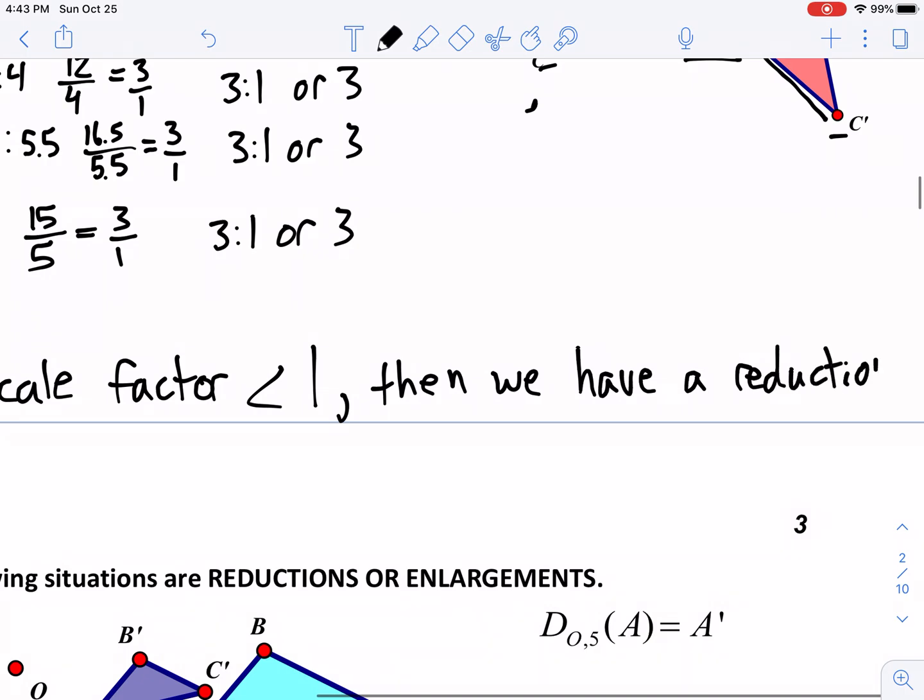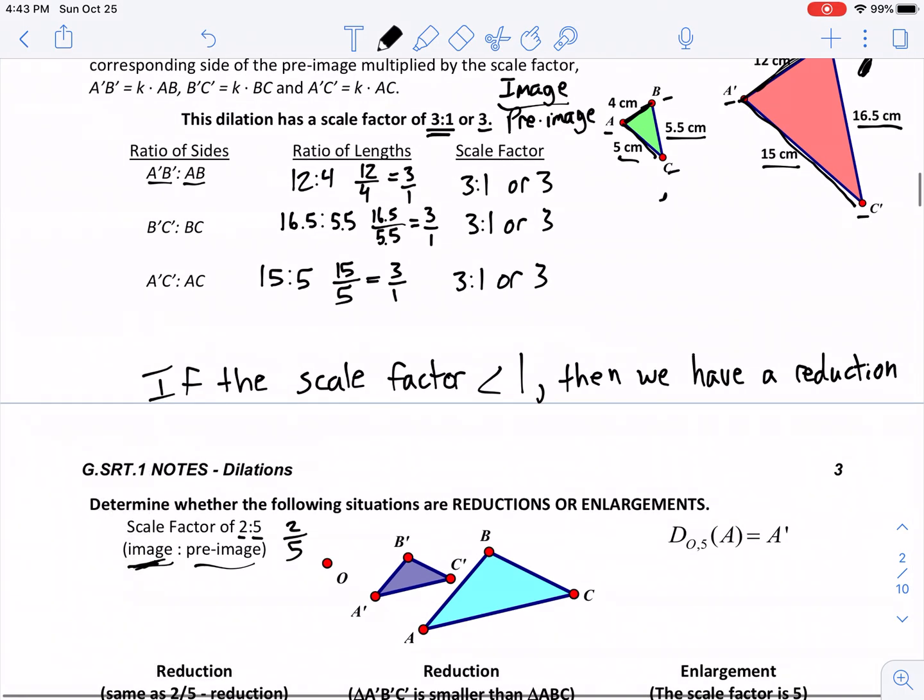And I'm not worried about the sign right now. We'll talk about negative scale factors later, but I'm not talking about if it's positive or negative. I'm just talking about the number itself of the scale factor, in other words, its absolute value. If the absolute value of the scale factor is less than 1, then we have a reduction.